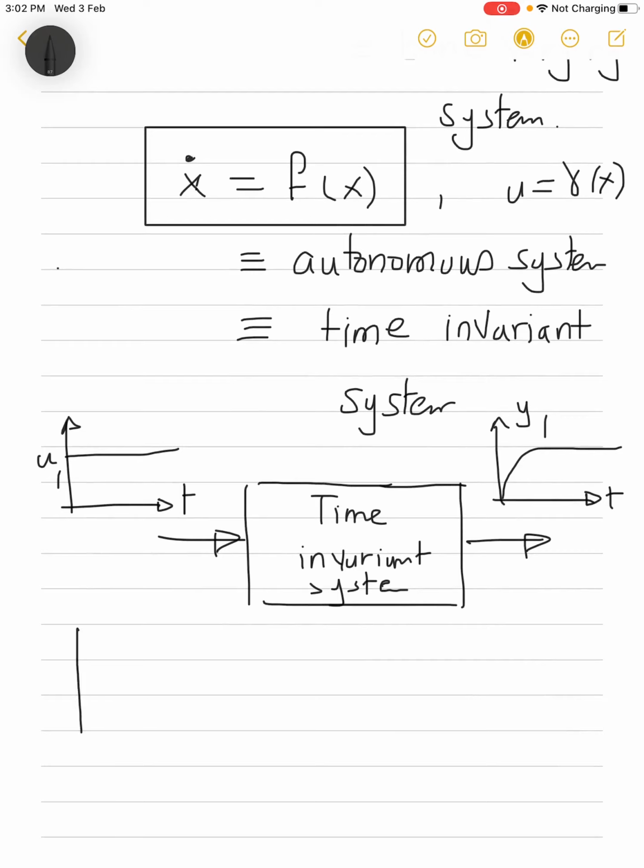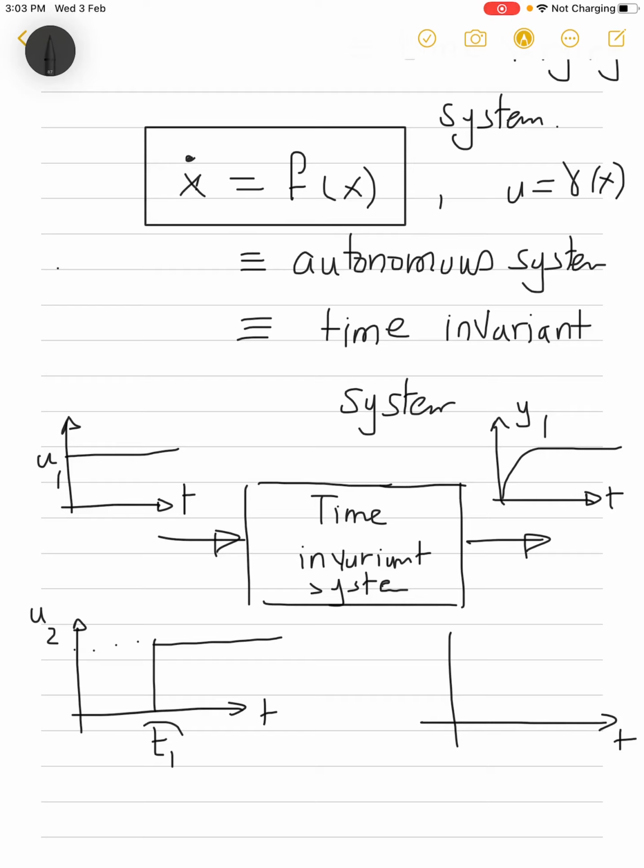Now if I apply a second input but at a different time, like T1, and this is U2, then we will notice that the resulting output will be similar to the first output, except it is shifted by the same amount T1. So we'll get something like this, starting at T1. So if this is satisfied, we call that system time invariant system.